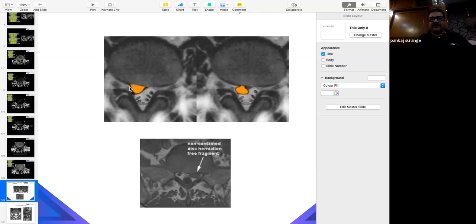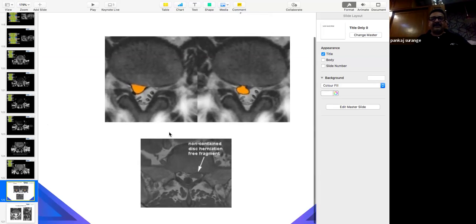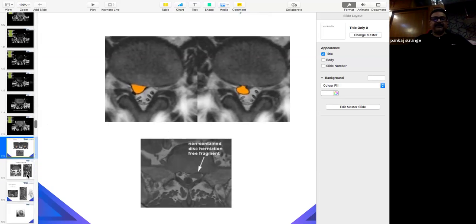This is very important for us because if you plan for the endoscopic decompression, whether I want to go from inside, we want to target the fragment from inside, or I want to target the fragment outside. For that we must rule out whether it is contained herniation or an extruded herniation. If it is extruded, whether it is migrated downwards or upwards, that we can see on MRI.